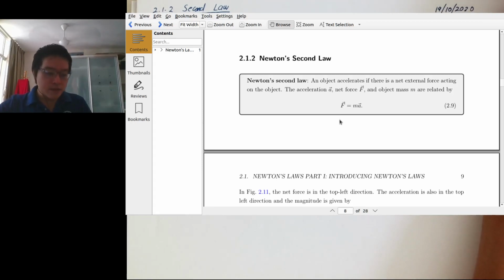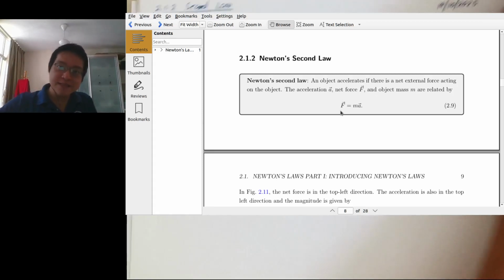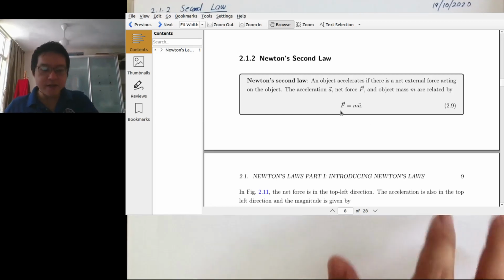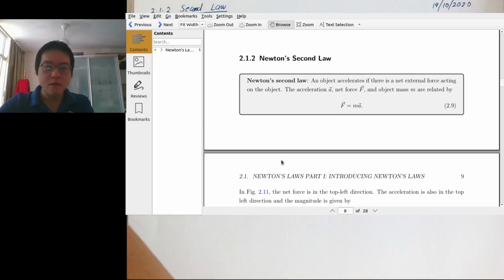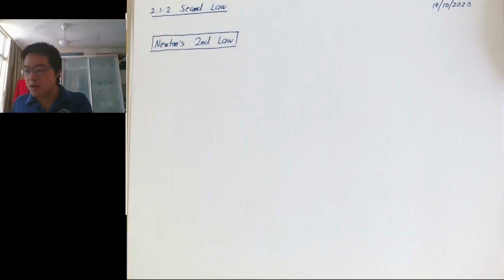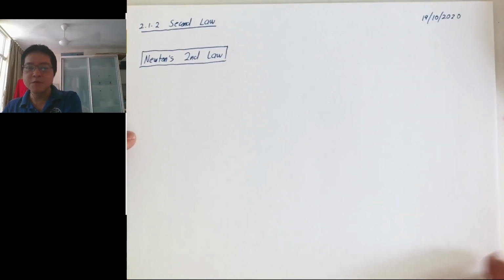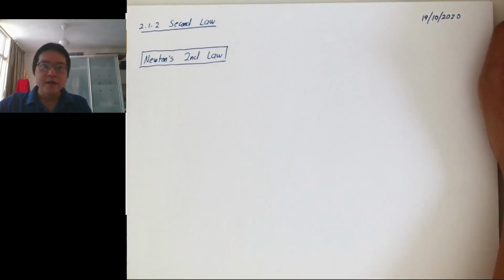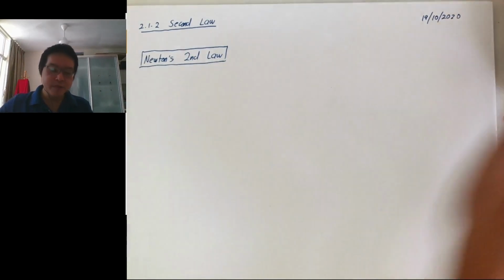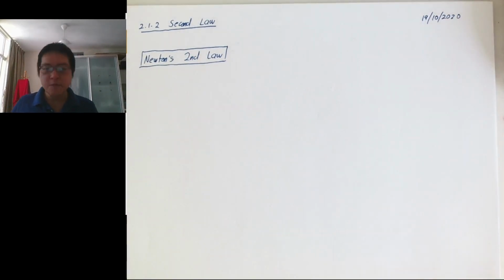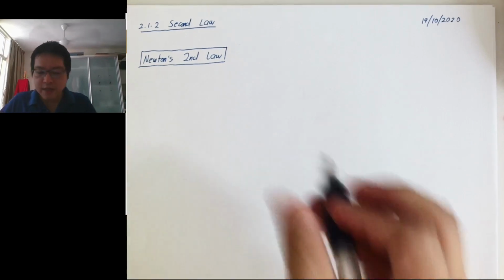Let me start by writing this down. The second law looks very simple, but as most students will experience, the situations they encounter sometimes become more and more complicated. So we need to really understand how the second law works.